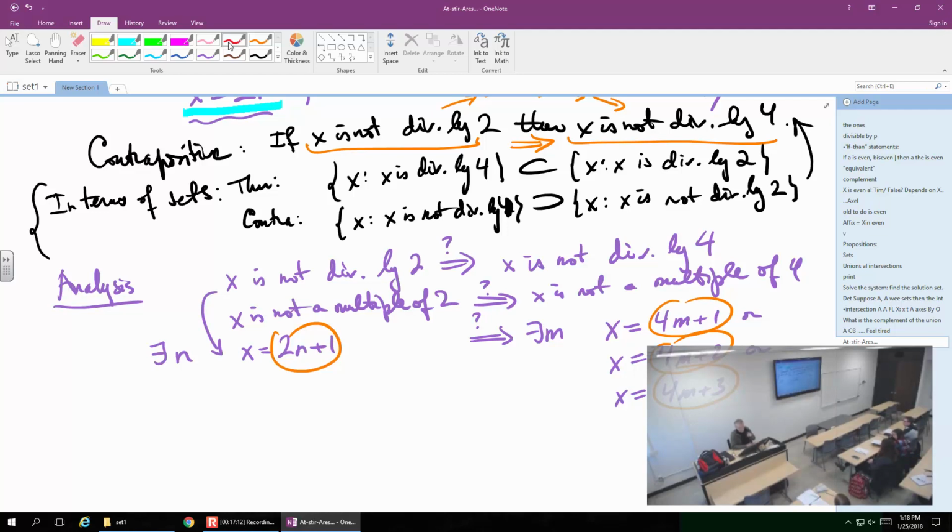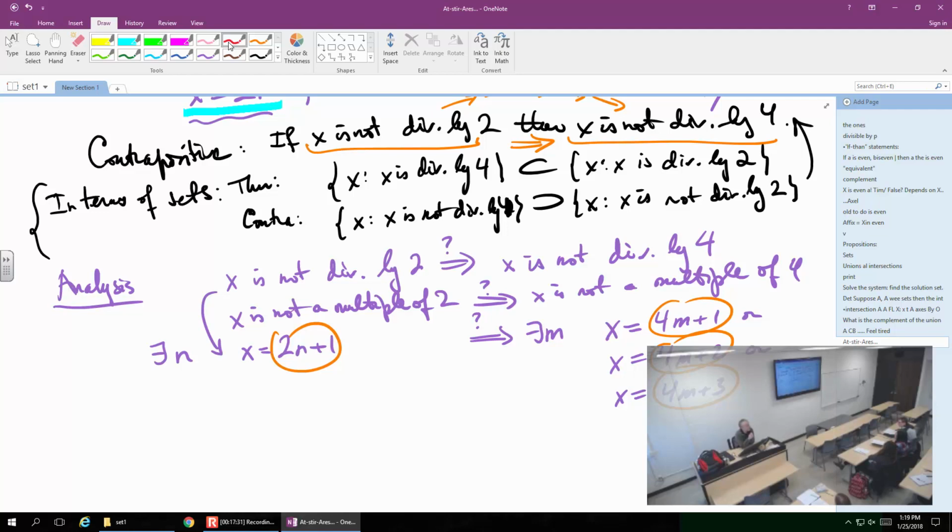On the other hand, x is equal to 4m plus 2. What is the relation between these two? 2n plus 1 is odd, yes.